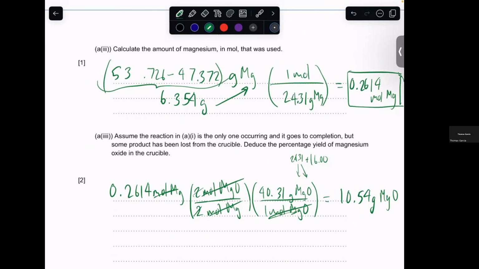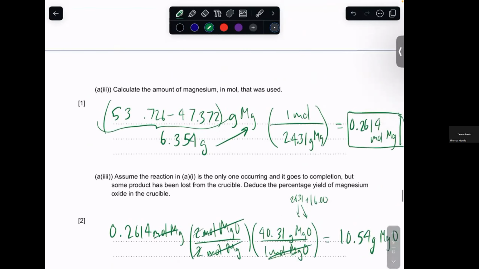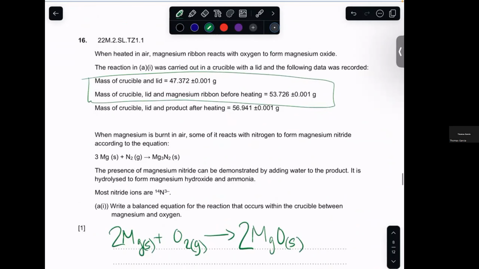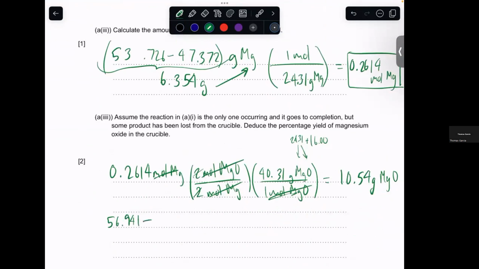So with that in mind, we have to then look at our data. We can see that the mass of the crucible lid after heating is not as much. So what we're going to do is take our 56.941 minus 47.372.